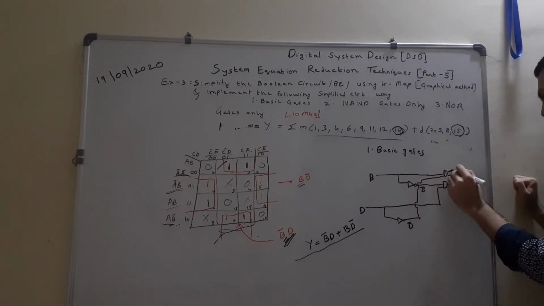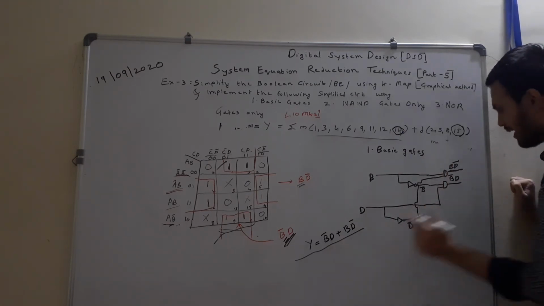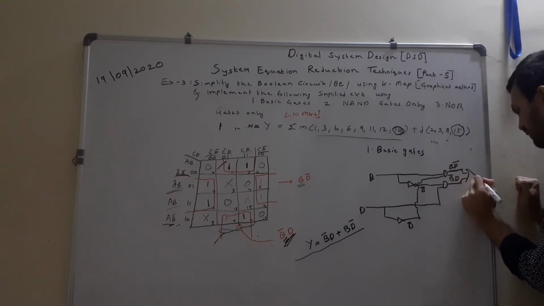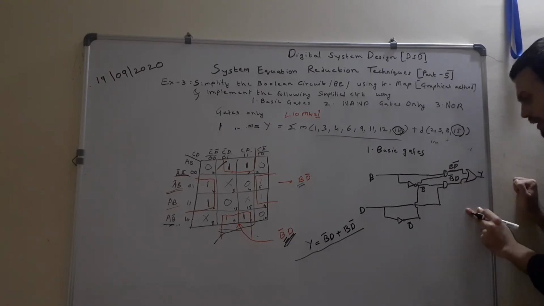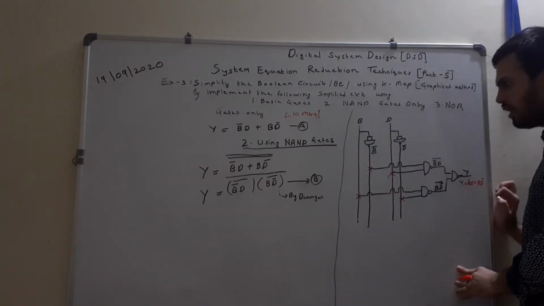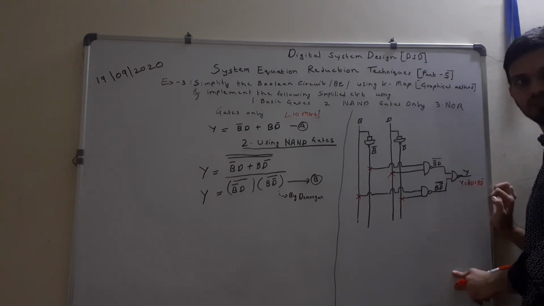So from that we will get the second term, which is bd bar, and these two terms are added. So that's the reason we will connect it to an OR gate to get our final expression. So our final expression y we get by connecting to the OR gate. So this is how we will realize the circuit using basic gates.